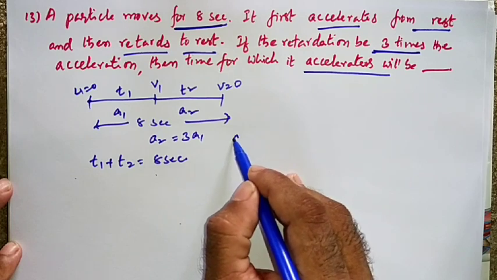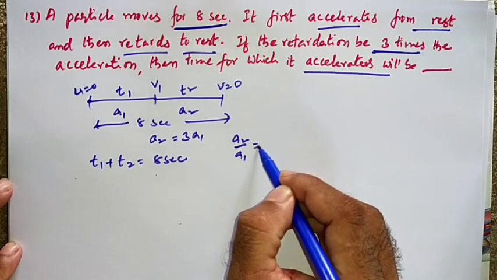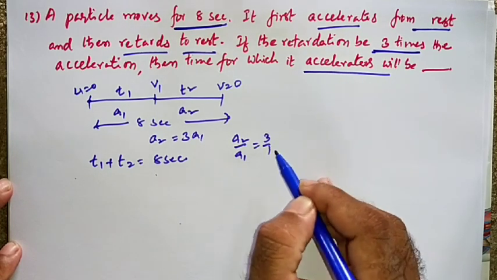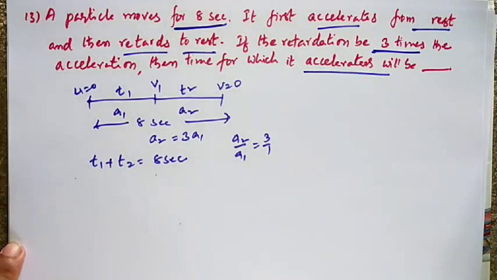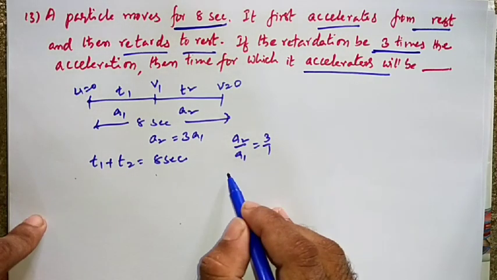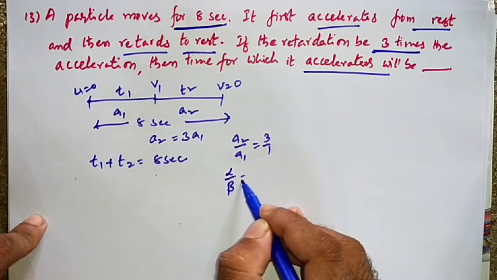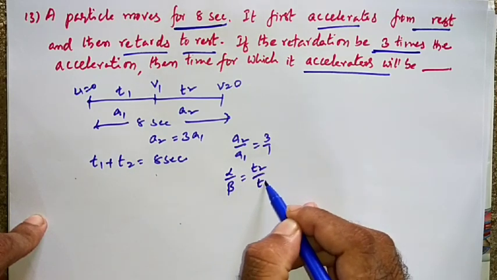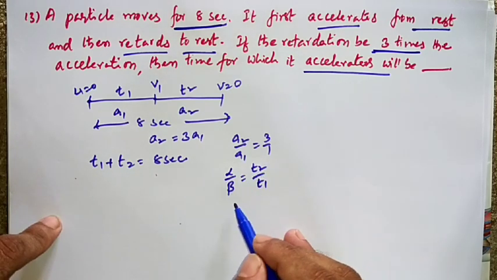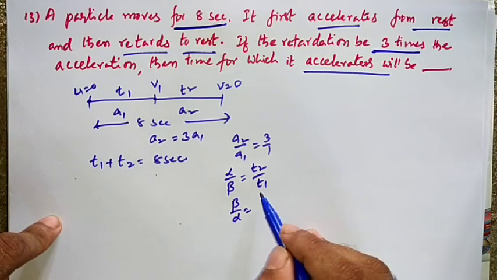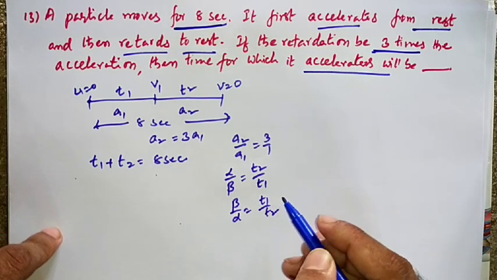Then A2 by A1 is equal to 3 by 1. In the previous question we have seen a relation. Alpha by beta is equal to T2 by T1. So beta by alpha is equal to T1 by T2.